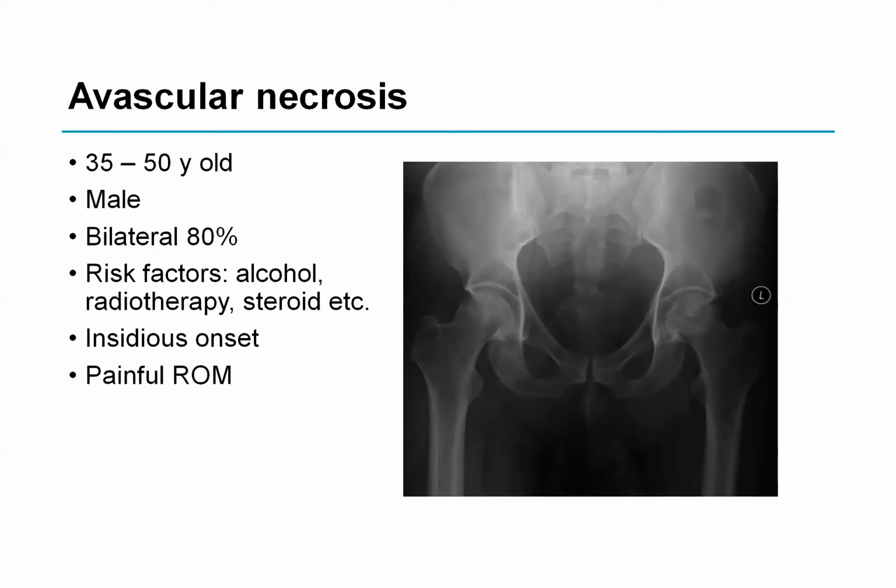The presentation is usually an acute or subacute presentation of hip pain, and that is related to the avascular event. I like to think about it as something similar to a heart attack, but in the hip joint, because that is exactly what's happening. When you have a heart attack, you lose blood supply to part of the heart, and it's acutely painful.